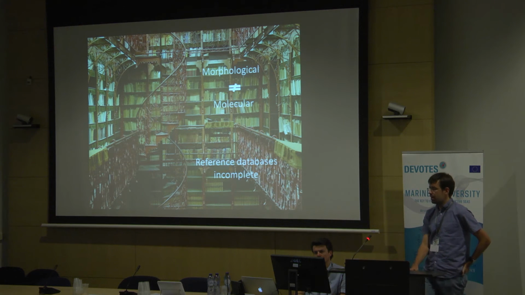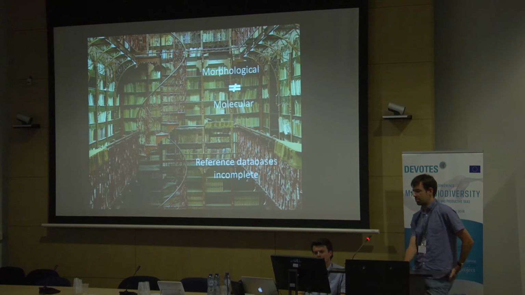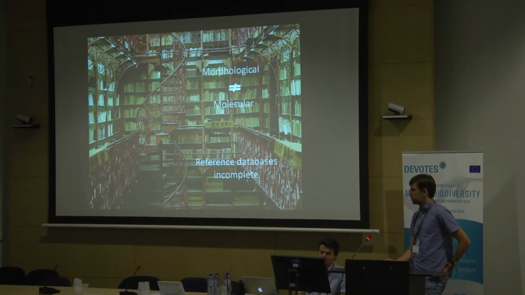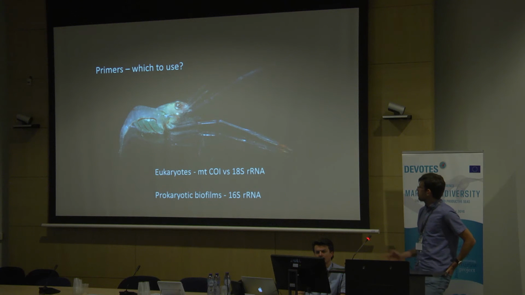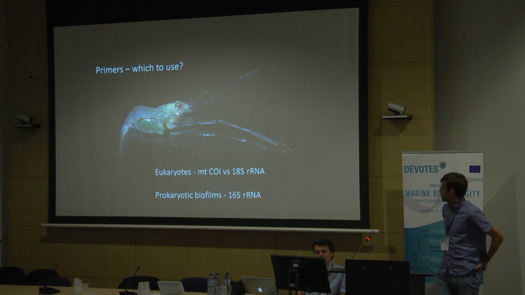The stuff that's been morphologically identified is not always the same as what you've got in the reference molecular database. They don't overlap really, and especially for organisms like protists, you get a molecular database but you don't have any reference morphology. Also, there's primers, which primers do you use?